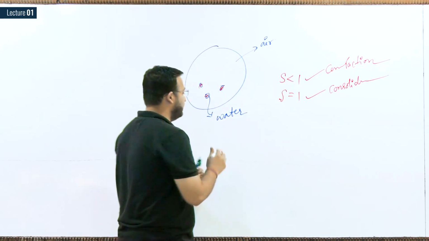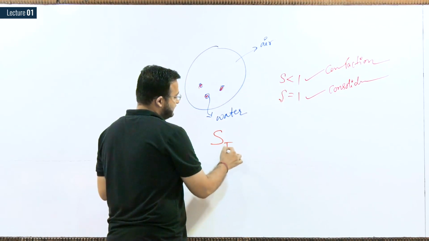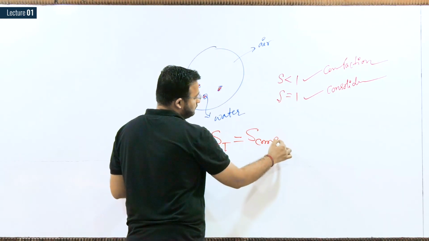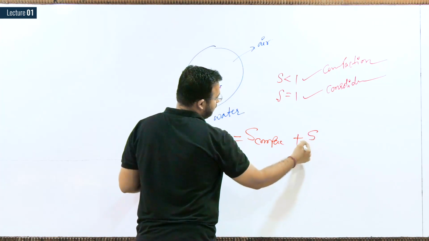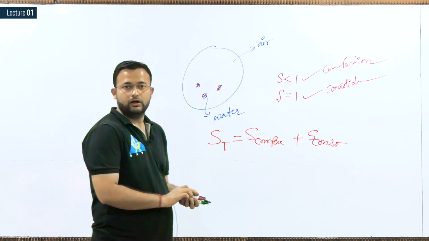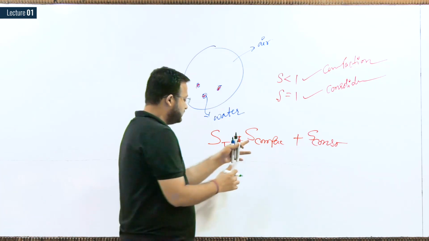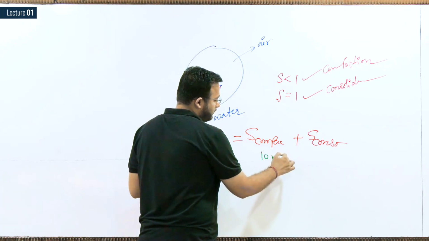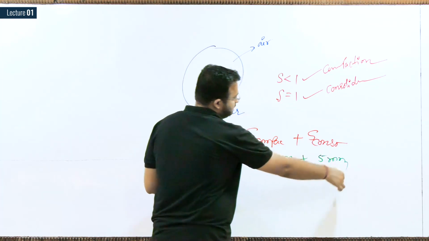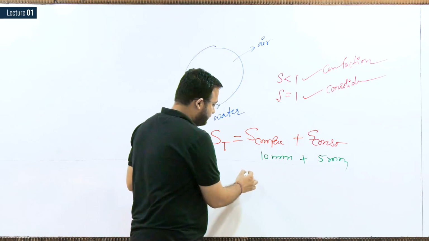See, if I talk about total settlement, it can occur because of compaction, plus settlement can occur due to consolidation. Suppose this is occurring 10 mm, this is occurring suppose 5 mm, total is 15 mm.